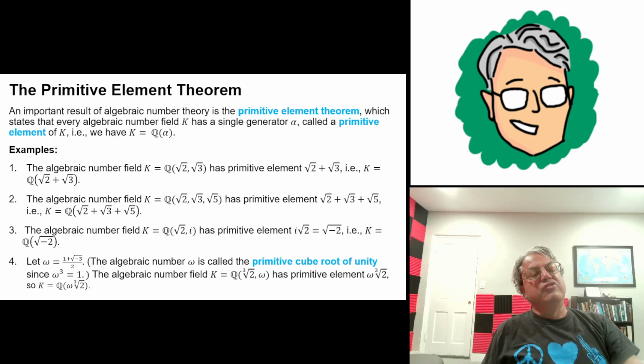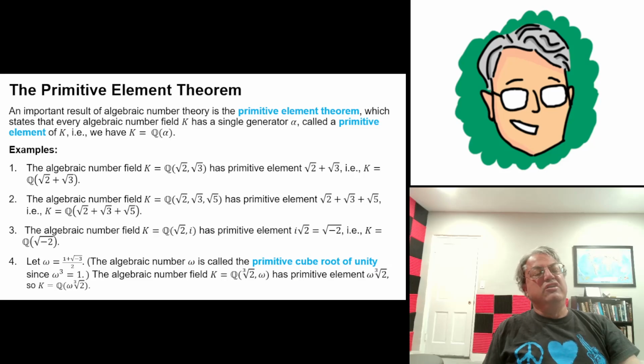And then the third example, I think I already gave this example, the field generated by square root of 2 and i. It turns out that a primitive element of this number field is i times the square root of 2. It's actually not too hard to prove this. Or you can write this as the square root of minus 2.